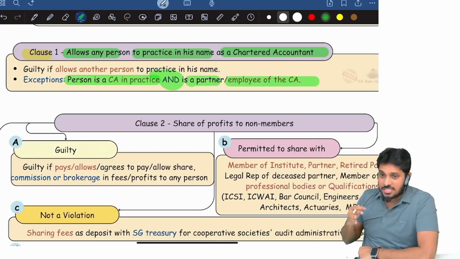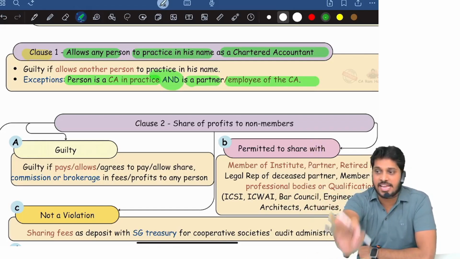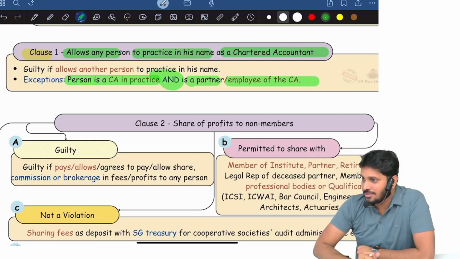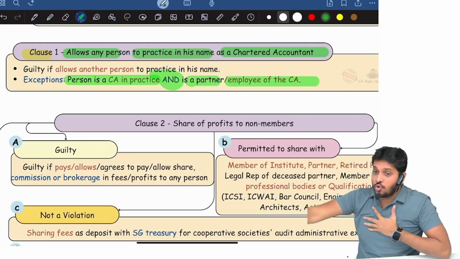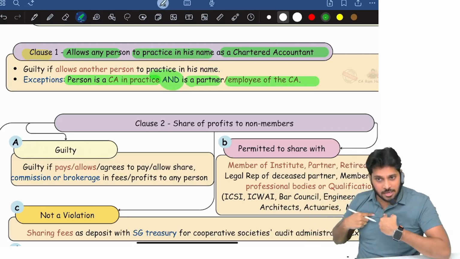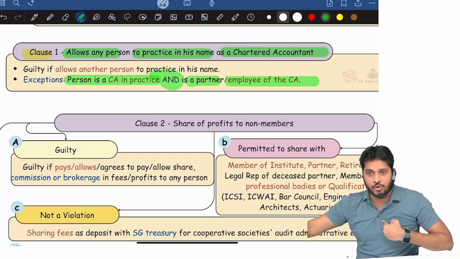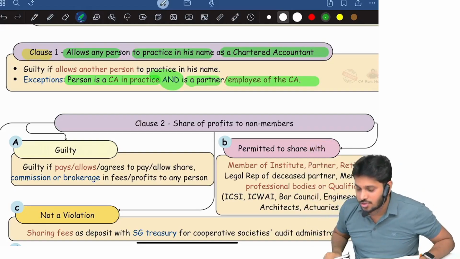Is it valid for Sant to allow Pant to practice in his name? Invalid. Clause number 1, guilty. Because I allowed another CA to use my name even though he is not my partner or my full-time paid assistant. If he is my partner or full-time paid assistant, I can allow him to use my name. Otherwise, I should not allow my firm name to be used by others. Easy. Yes or no?